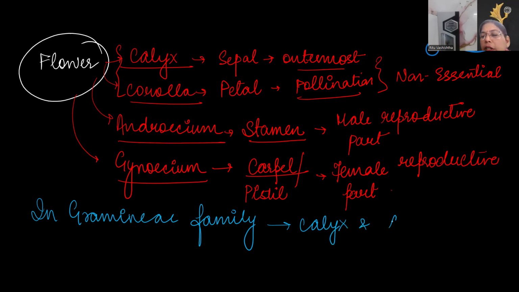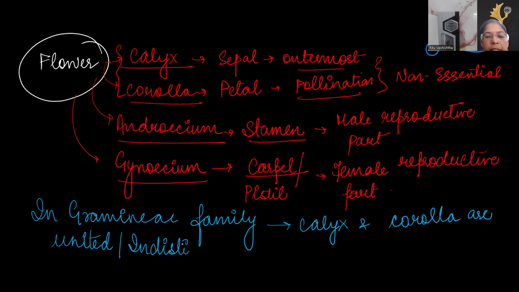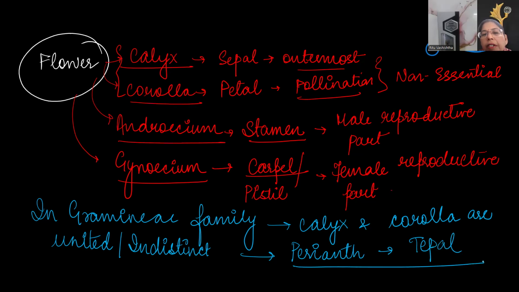Calyx and corolla are united. Whenever they are united or indistinct, cannot be separated, then this particular whorl is known as the perianth and its unit is known as the tepal. So here what is present? Perianth is present. They both are not present distinctly.